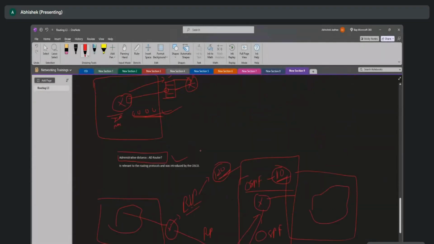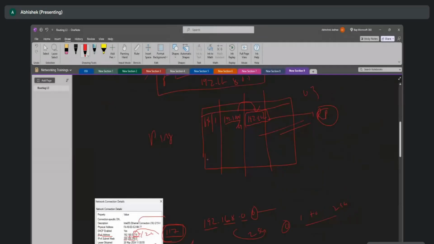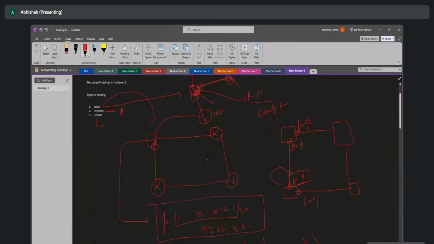Right? Now, the major important question people ask in an interview is, what is the administrative distance of the interface to which the wire is connected?